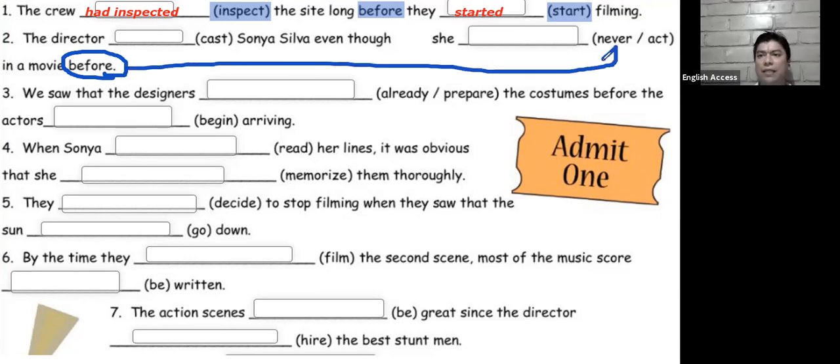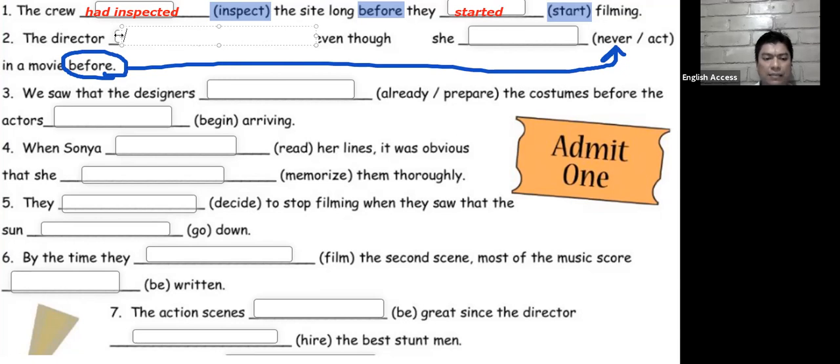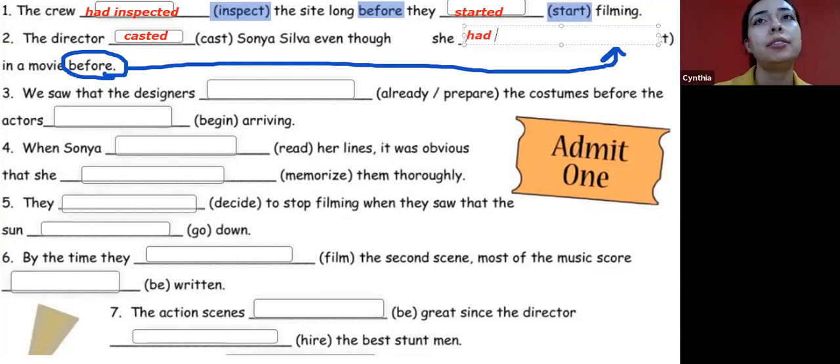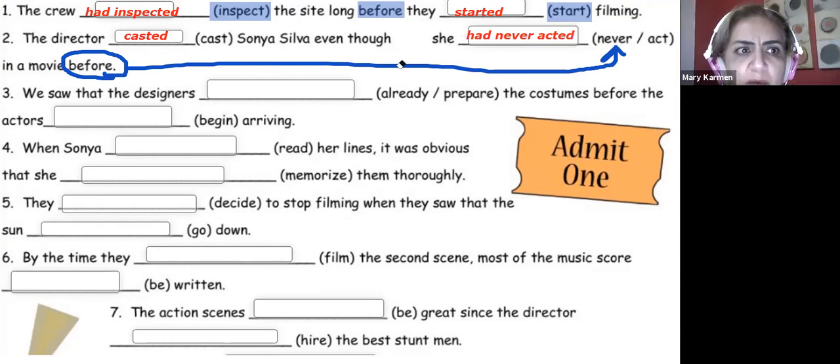That means this is the older event. She had never acted. So the director cast Sonia Silva even though she had never acted in a movie.